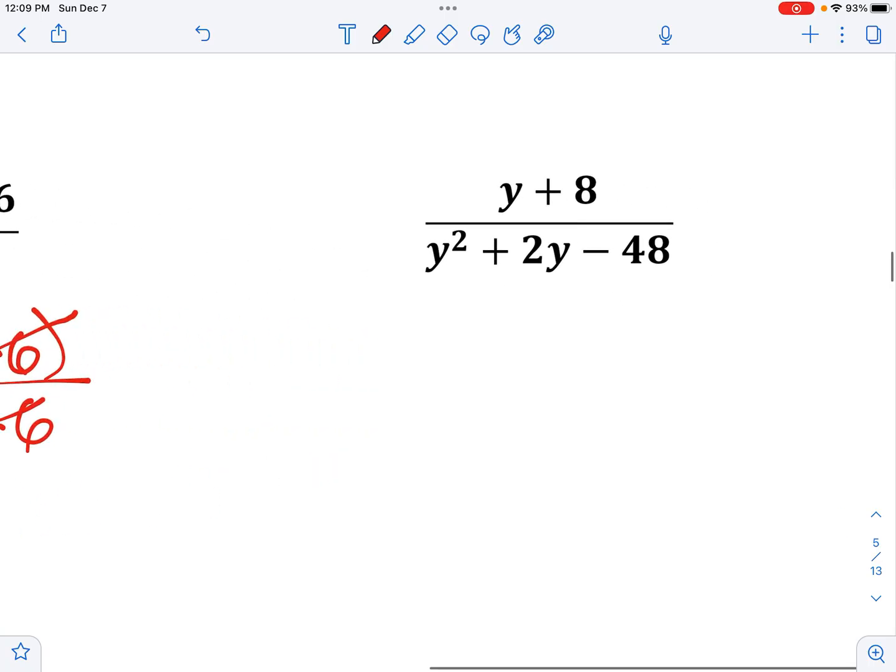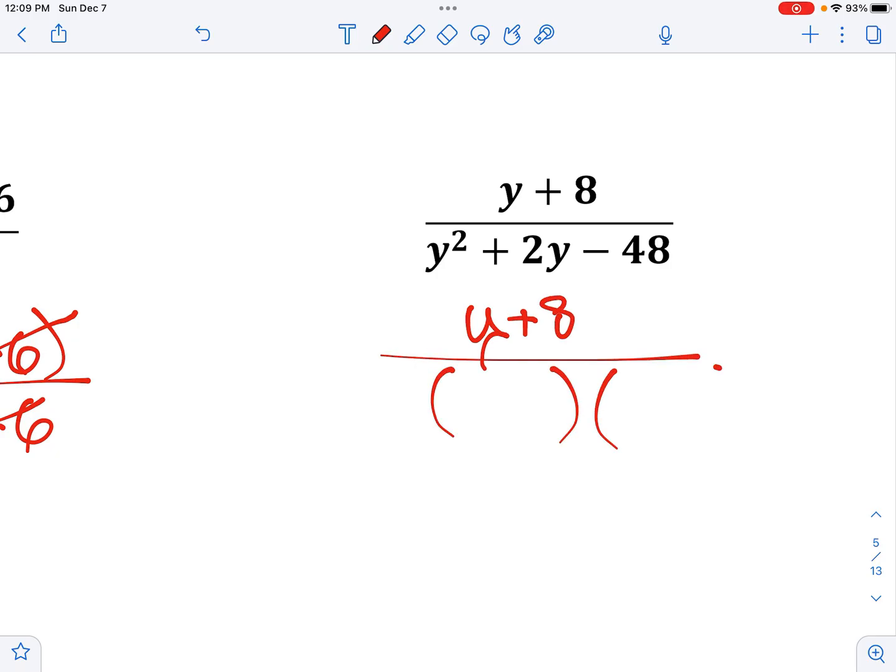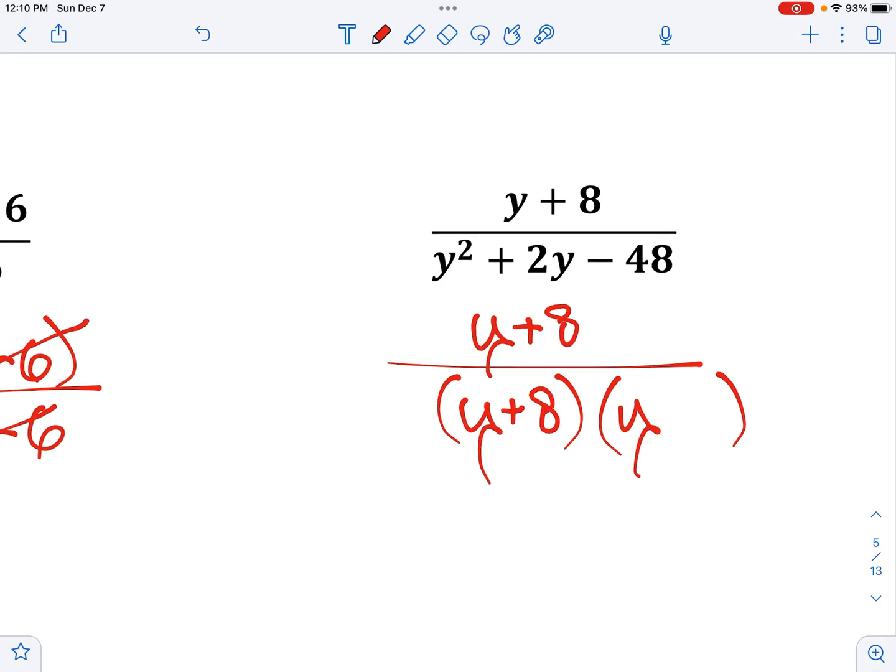Okay, so the top on this one, y plus 8, is already simplified. The bottom, I may be able to factor. Notice these are y's, not x's, so use y's. Two numbers that multiply to be negative 48 but add up to be 2 would be positive 8 and negative 6.